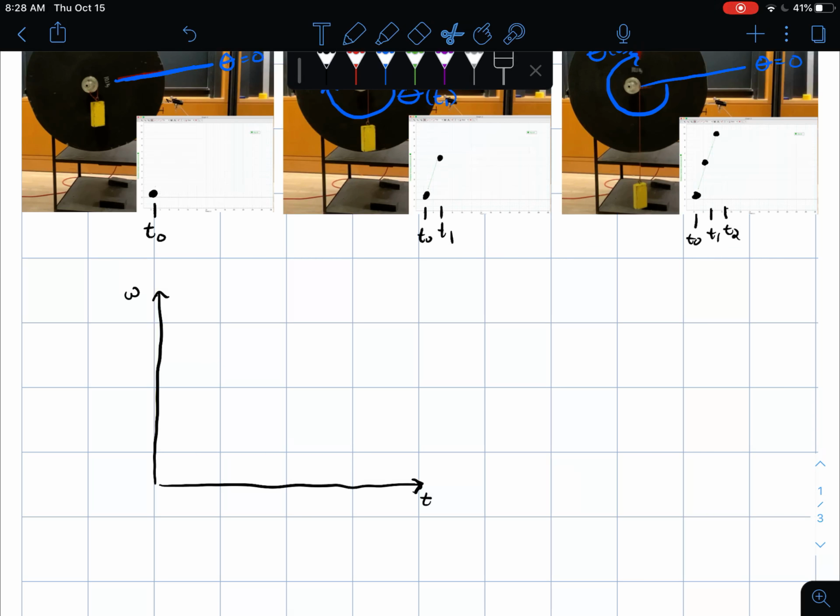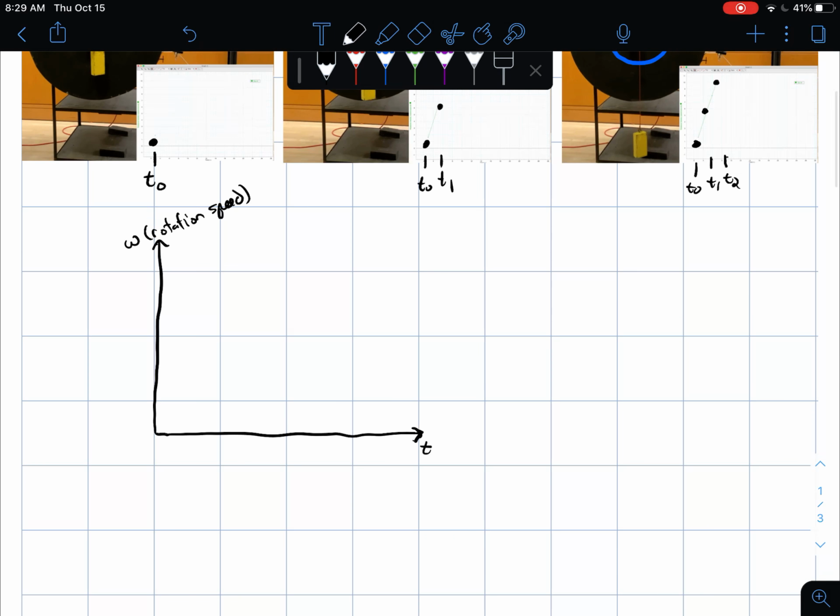Again, the plot is omega versus time, and omega is the rotational speed. It's a thing that quantifies how fast this big wheel is rotating around. What we saw was that it did this, and then this, and then this, and then if we looked at a later T4, it would look like that. And so it looked like this. It was a straight line.